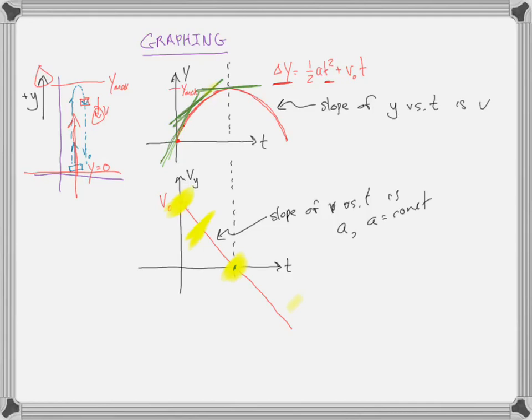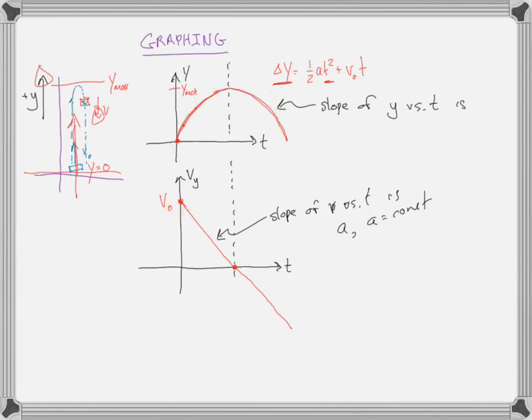Because the parabola, y versus t, if the slope of y versus t is v, and v is getting smaller, then the slope better get smaller. But then as v passes through the axis, v is getting bigger in the negative direction, and the slope is getting bigger in the negative direction, right? The slope gets bigger, bigger, bigger. Okay. All right.